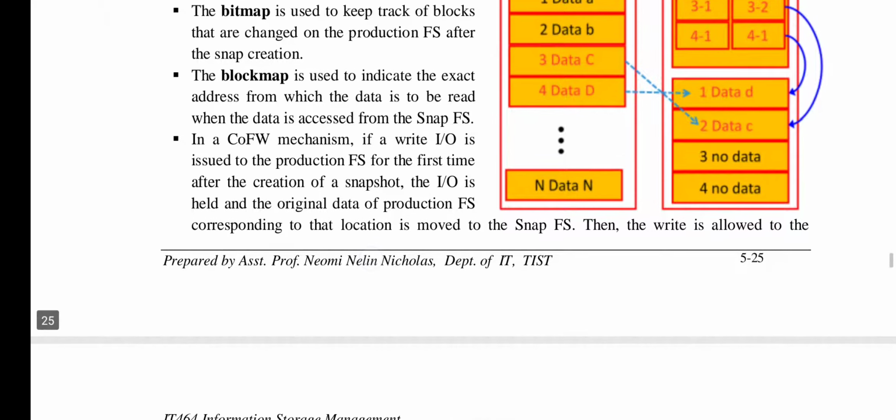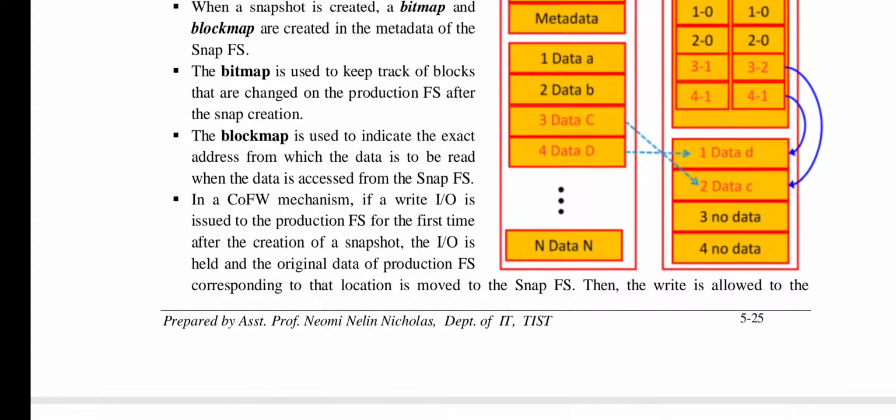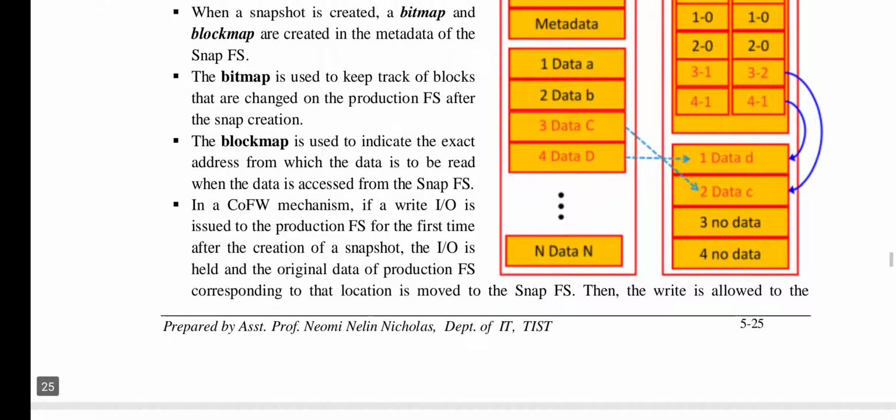In the copy on first write mechanism, if a write IO is issued to the production FS for the first time after the creation of the snapshot, the IO is held and the original data of the production FS corresponding to that location is moved to the snapshot.